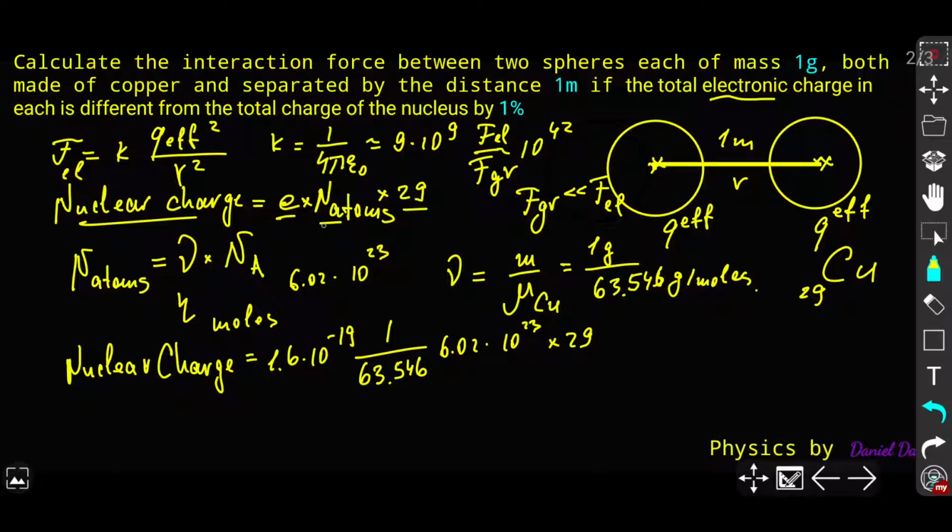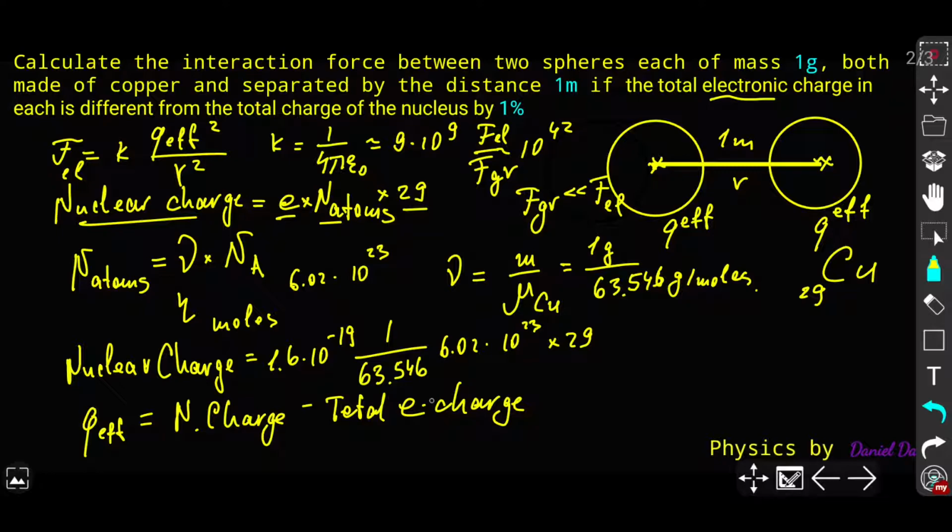Now we have, according to the statement, that the total electronic charge differs from the total charge of the nucleus by 1%. So each charge on the sphere, which is Q effective, is going to be equal to the nuclear charge that we've calculated here minus the total electronic charge. That's going to be the effective charge. In which way can we calculate it?